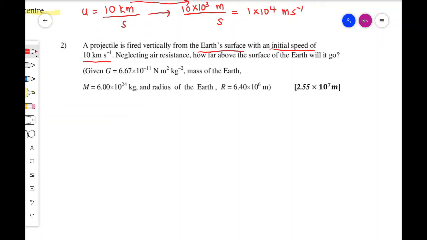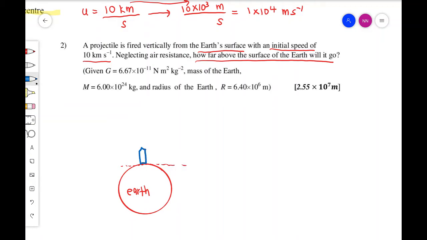Alright. And then neglecting air resistance, how far above the surface of Earth will it go? Okay, so kita imagine macam ni, ada ni Earth, and then ni adalah Earth surface. Kan ini adalah projectile, fired from Earth surface.